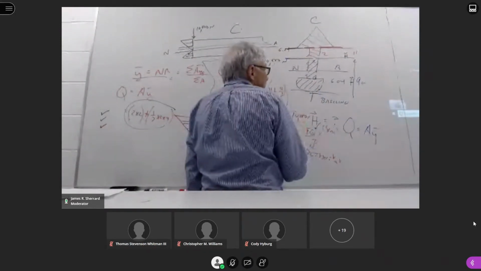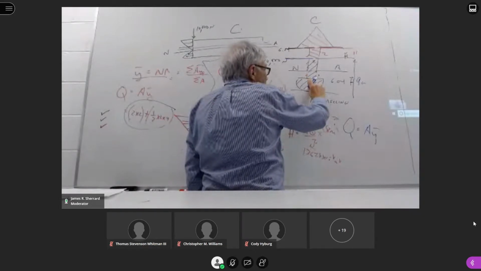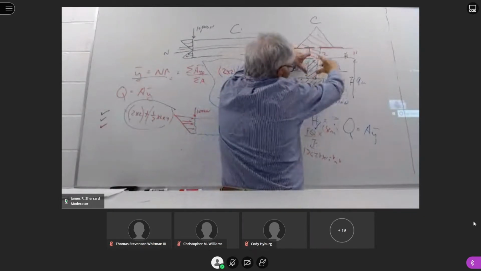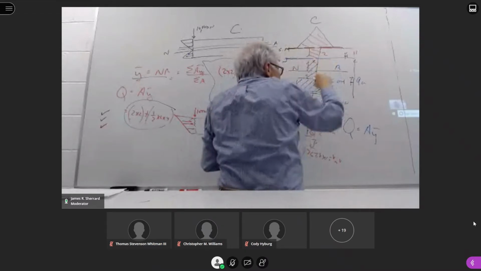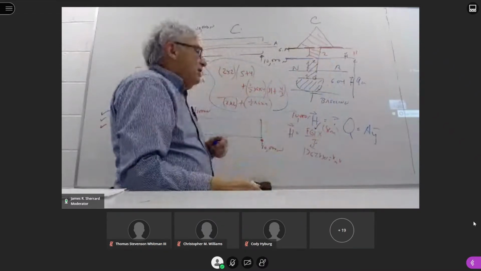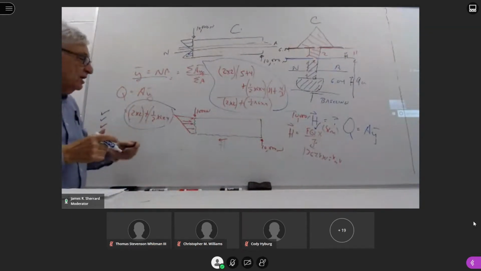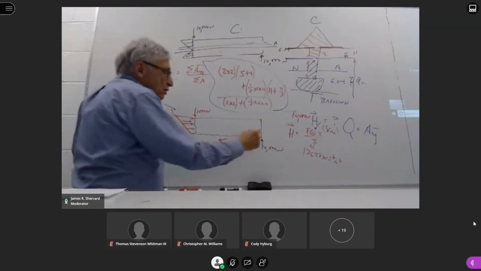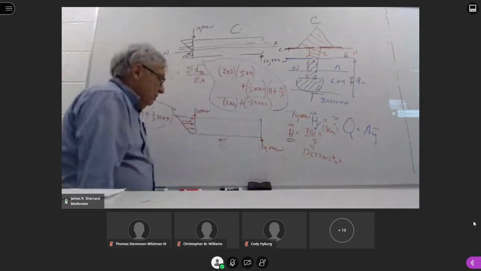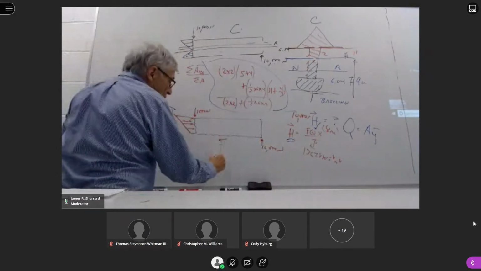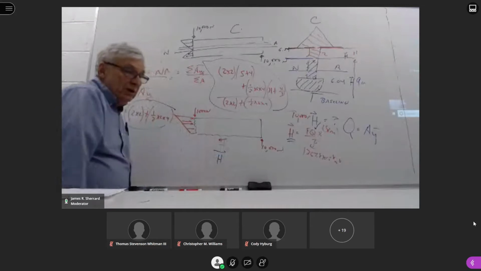And again, I'd use a baseline. So it's this area times its centroid, this area times its centroid, divided by the area. You come up and lo and behold, when the dust settles, you're going to have the same value for H, except when you do the lower half, this guy's going the other way.